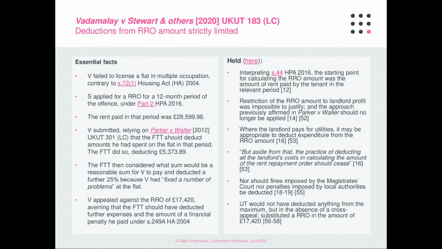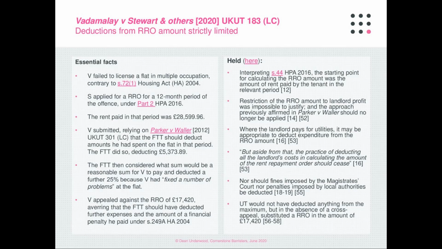It then considered what sum would be a reasonable sum for the landlord to pay, and deducted a further 25% from the sum of the order, because the landlord had fixed a number of problems at the flat. And we'll see in a moment that the Upper Tribunal took issue with that on a proper interpretation of the statute, and that has been reversed.